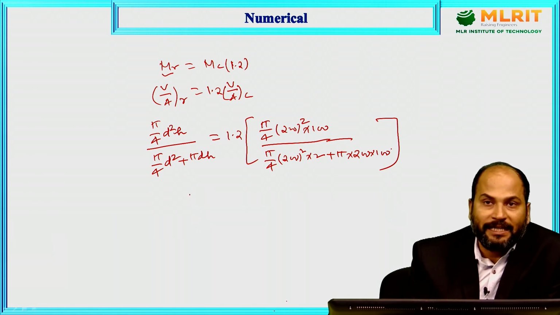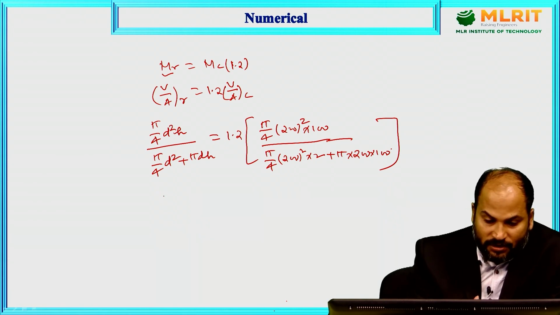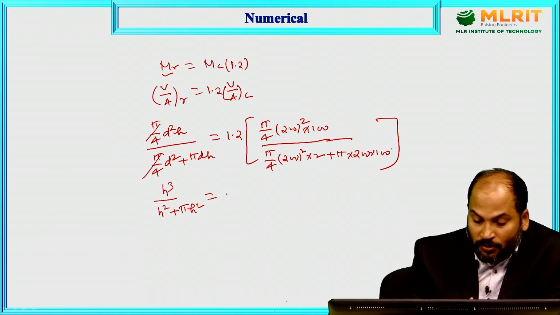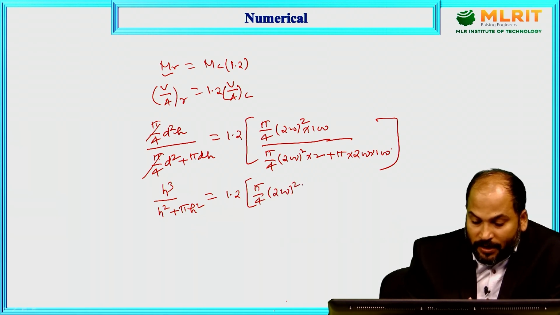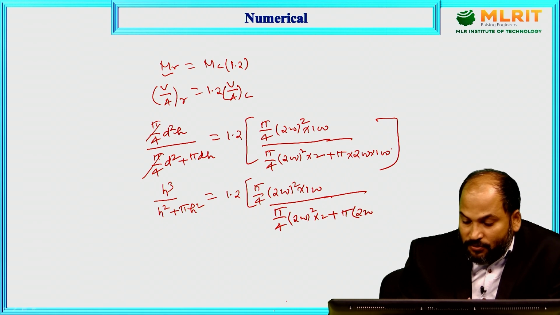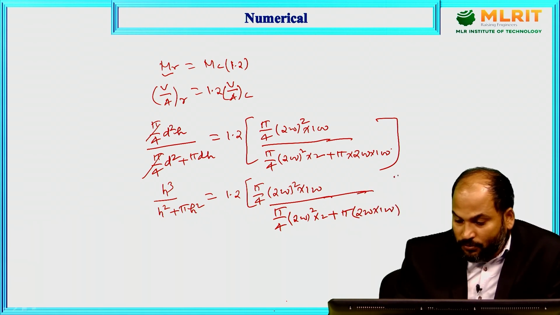We put d equal to h, because we have to find h. The pi by 4 cancels out, and we get h square into h, so h cube, upon h square plus pi h square, equal to 1 upon 2, pi upon 4 into 200 square into 100, upon pi upon 4 into 200 square into 2 plus pi into 200 into 100. So this is the expression.